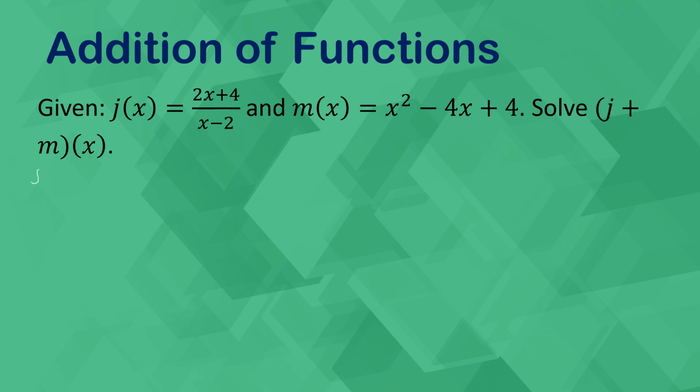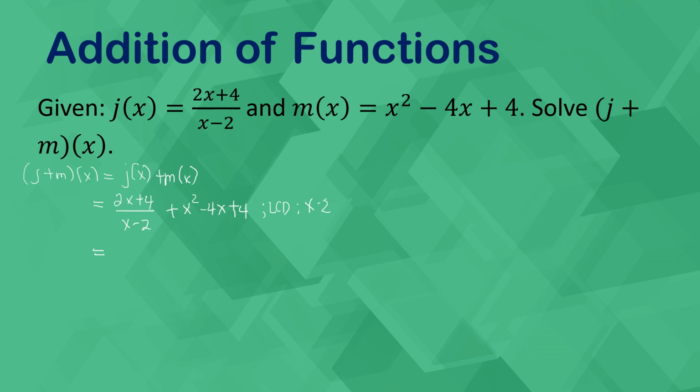So j plus m of x is equal to j of x plus m of x. We substitute the functions: 2x plus 4 over x minus 2 plus x squared minus 4x plus 4. Okay, we get the LCD, which is x minus 2.